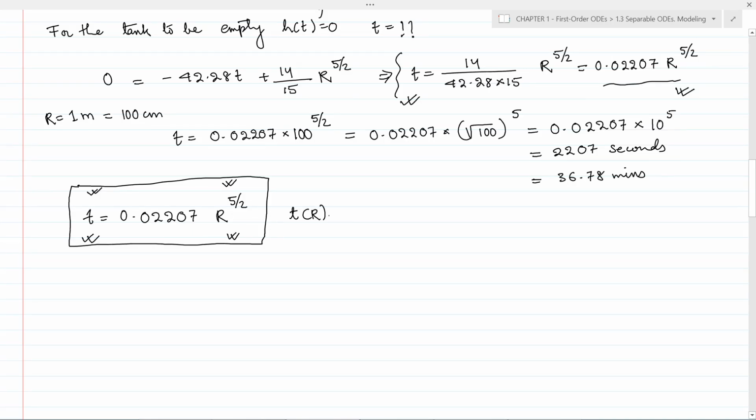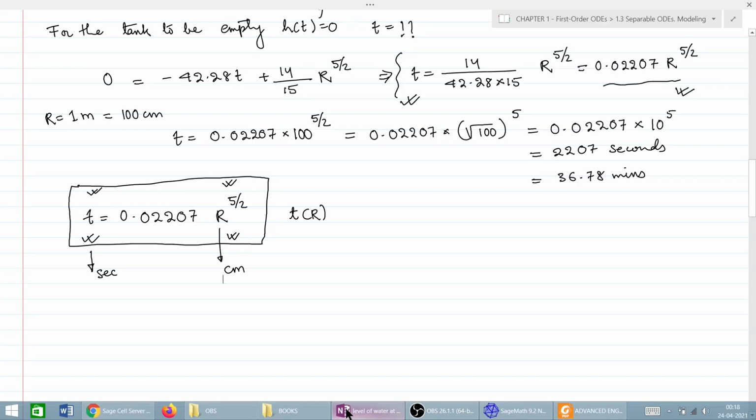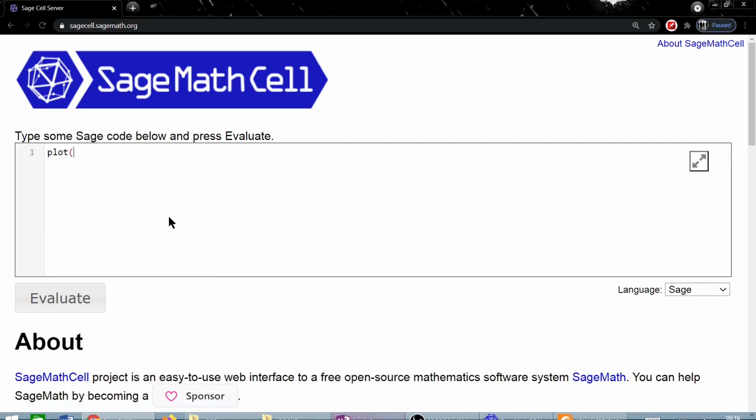We can use Sage Math to plot this. Now one thing to remember here is, in this equation time t is in seconds and r is in centimeters. Now we will go to Sage Math and we will write plot, the equation is 0.02207 multiplied by r to the power 5 by 2.